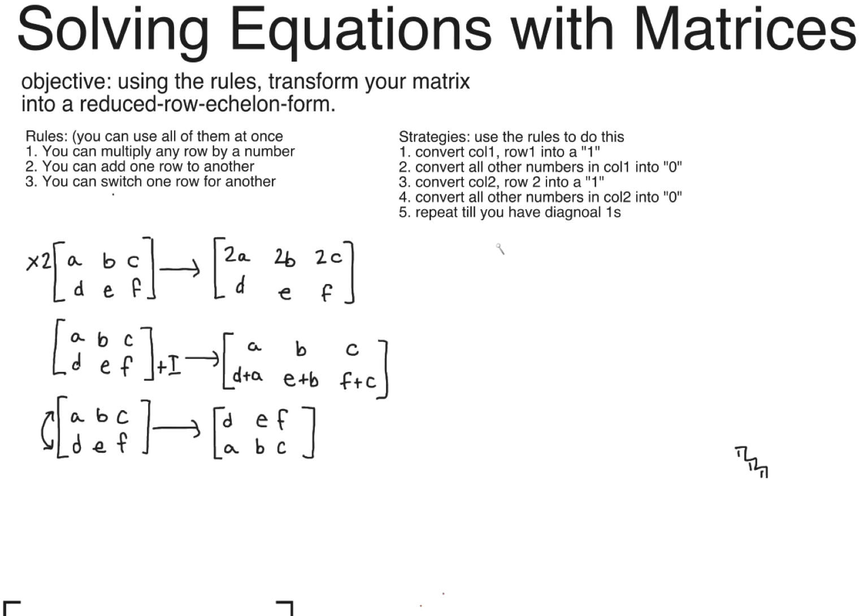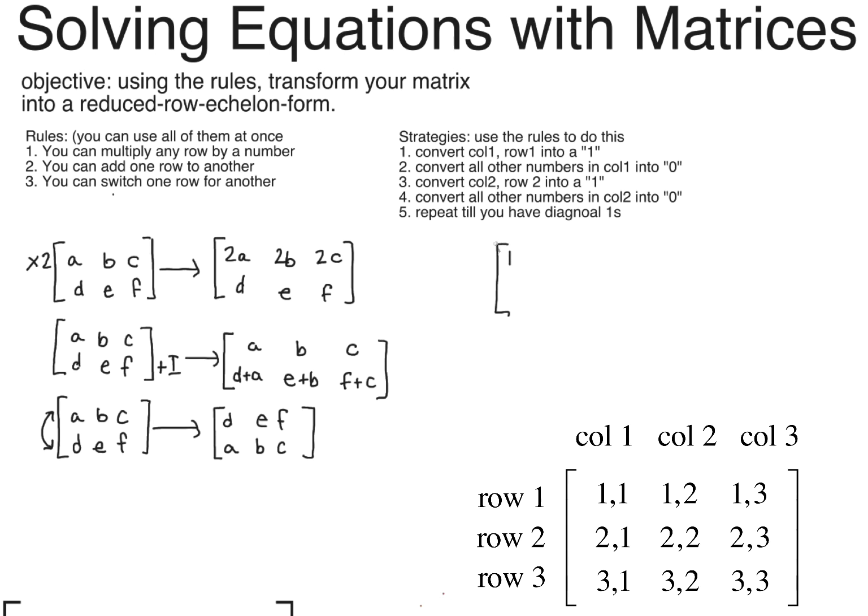What we want is, for example, we have 3 columns and 3 rows, and we want to convert column 1, row 1, which is right here, into a 1. Column and row 1 is always in the upper left-hand side. Everything else in that column should be zeros, up until usually we will have a final column, and here we'll just call that x.